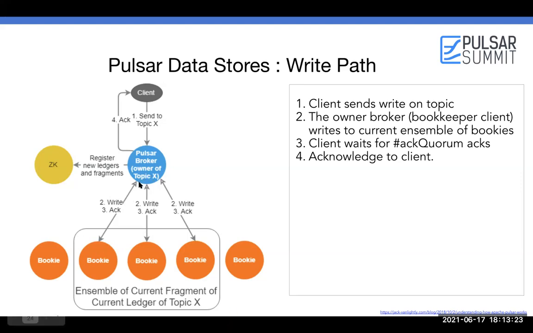So the client writes to all three of them in parallel, and it waits for acknowledgements. Let's say if the ACK quorum is 3, then it waits for ACK from all three of them. And then we also register metadata in Zookeeper, saying that if this is a new ledger, then we are also associating that ledger ID with the topic ID inside Zookeeper.